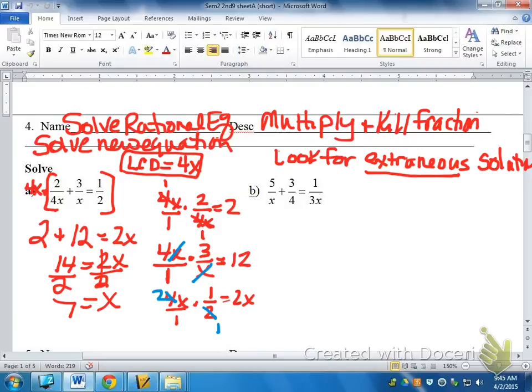So if a value would end up giving you a 0 in the denominator, you couldn't include that value. It's really not a solution. It's something that worked out in the problem, but it's really not a correct answer.